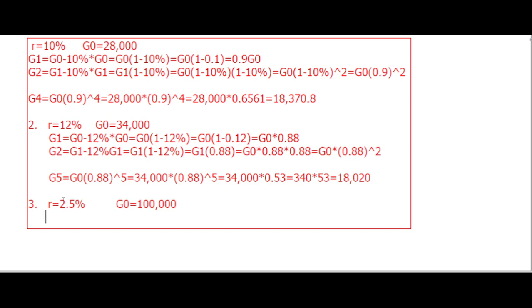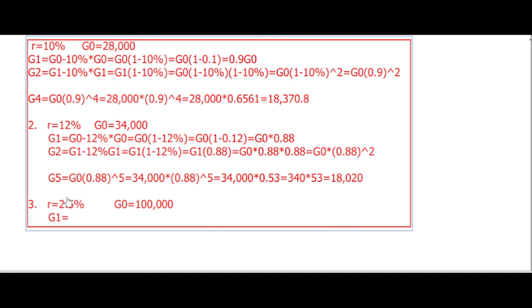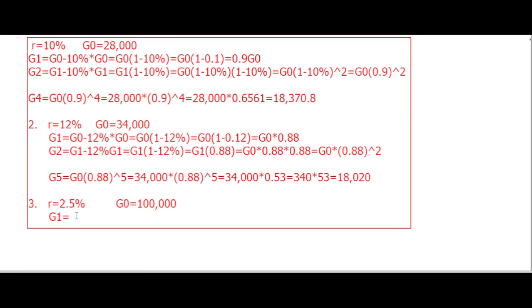Now let's calculate G1. Since the population of a certain town is increasing, we can take G1, which is equal to G0 plus G0 times 2.5%.